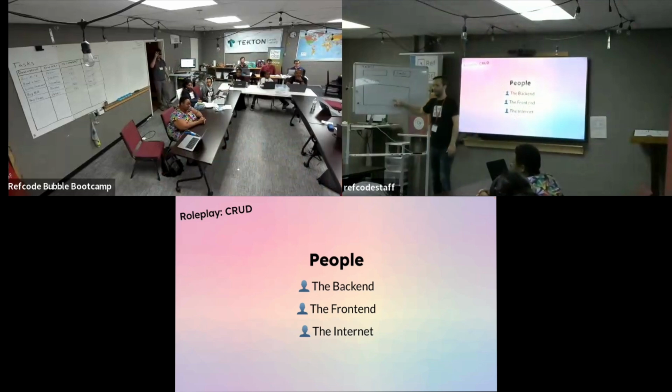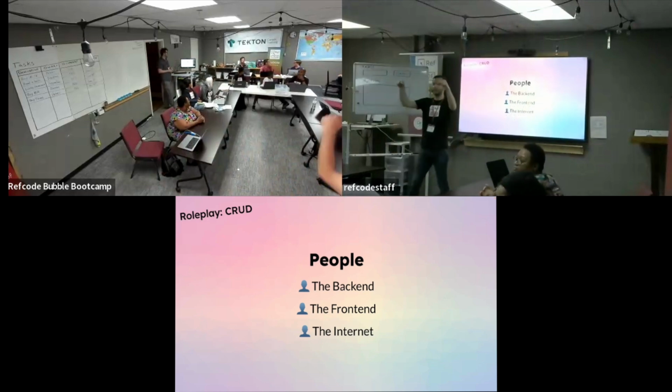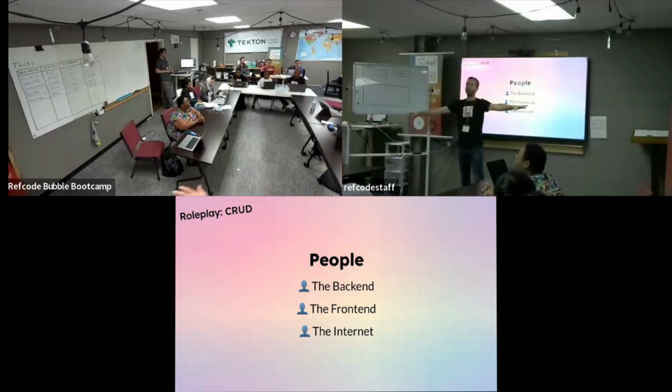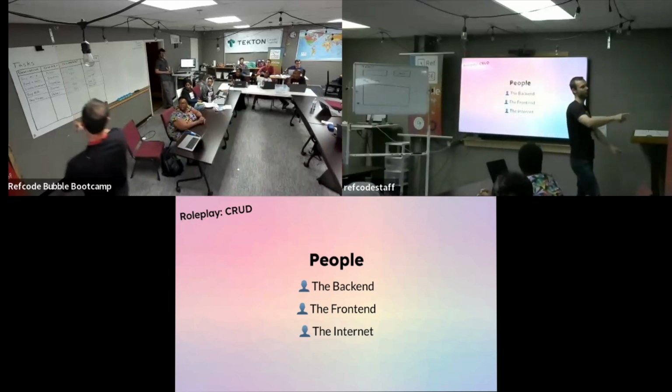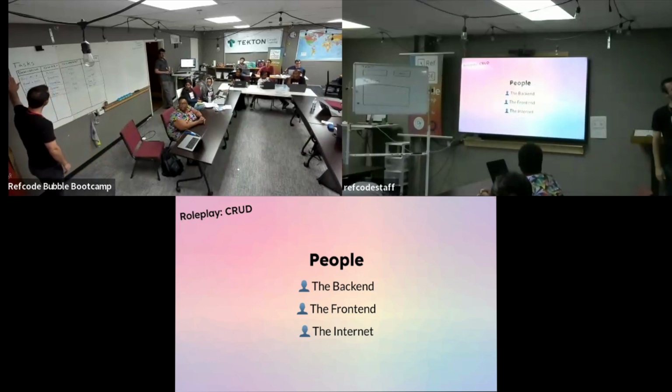The front end is on your laptop or your phone or whatever, and the back end is on some server somewhere. If you look on that map, it's probably right about there, but it's certainly not here. It's very far away. So your app on the front end, when you're looking at it on your computer or on your phone, is actually sending information to the Bubble servers, represented here, far away.